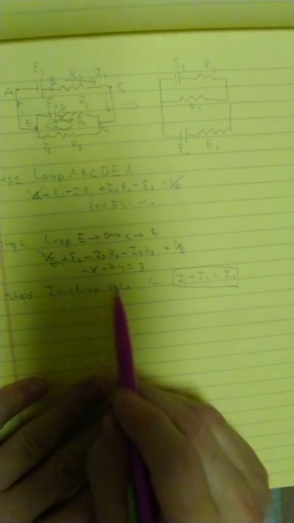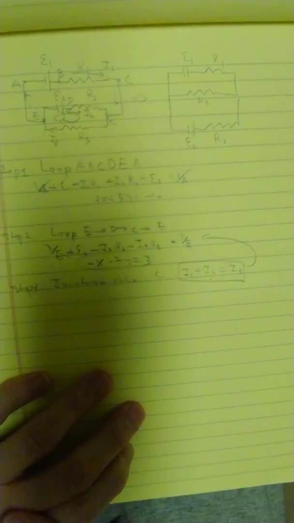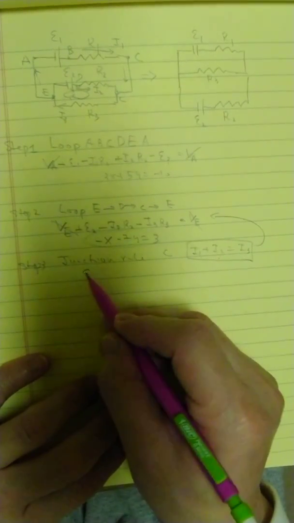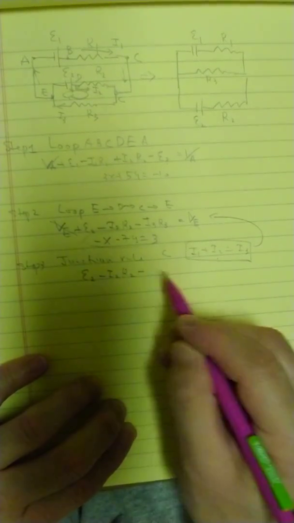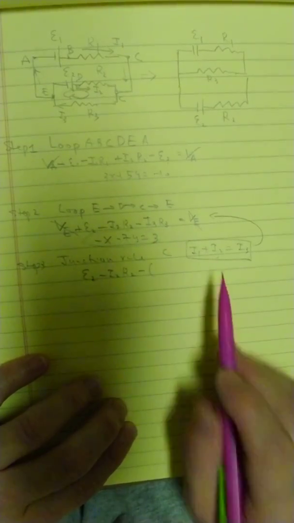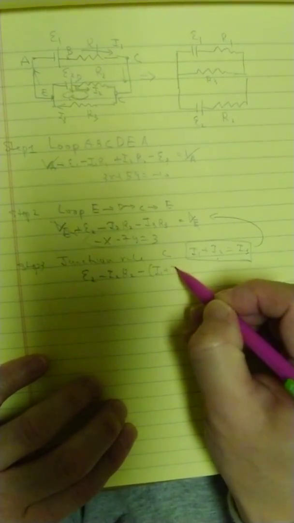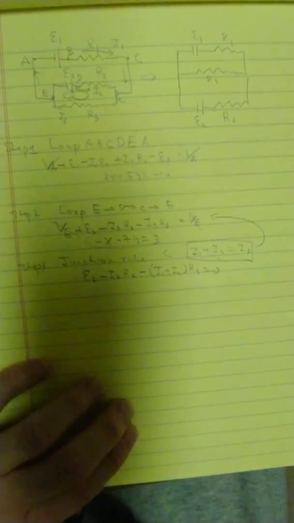What we want to do, before it becomes a similar equation like this, is plug this equation into the previous one. So what you end up with is epsilon 2 minus I2 R2 minus, I'm going to replace this I3 by I1 plus I2, times R3, equals 0.